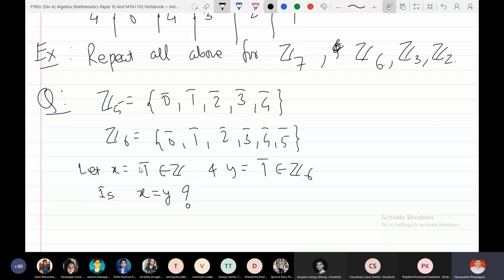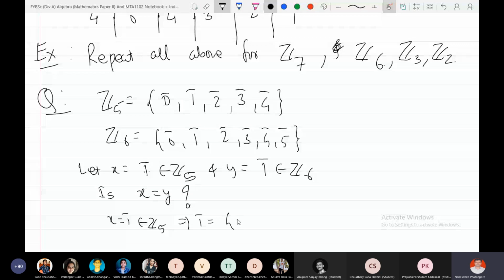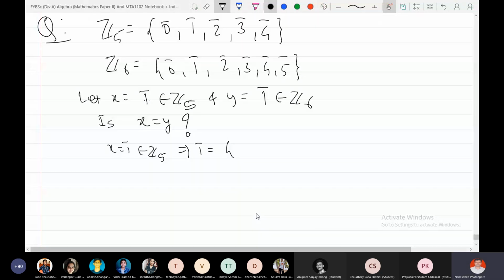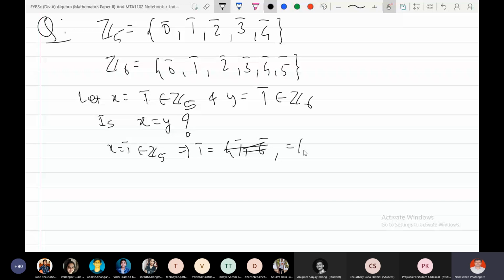Because this is in Z5, so this is the class of 1 modulo 5, and therefore x is equal to 1 bar in Z5. Then what is 1 bar in Z5? It contains multiples of 5 plus 1: 1, 6, 11, and so on.